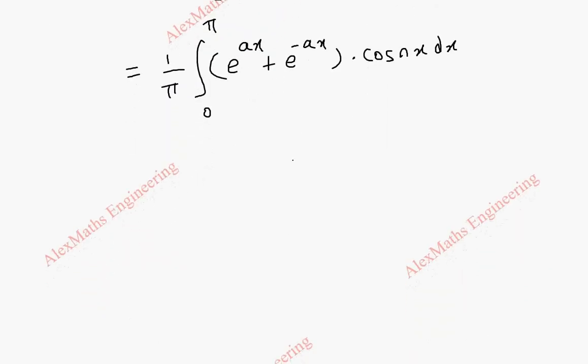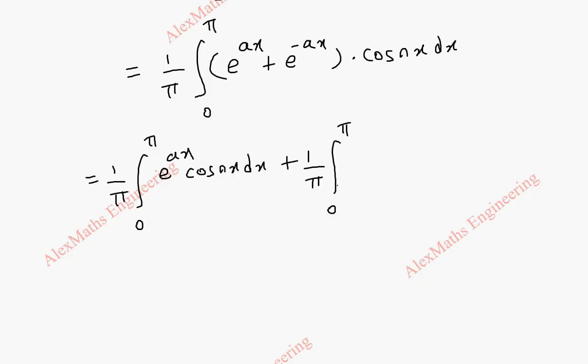Let's multiply this inside and split into two integrations. Integral 0 to pi, we have 1 by pi outside, e power ax into cos nx dx. Then again 1 by pi integral 0 to pi e power minus ax into cos nx dx.